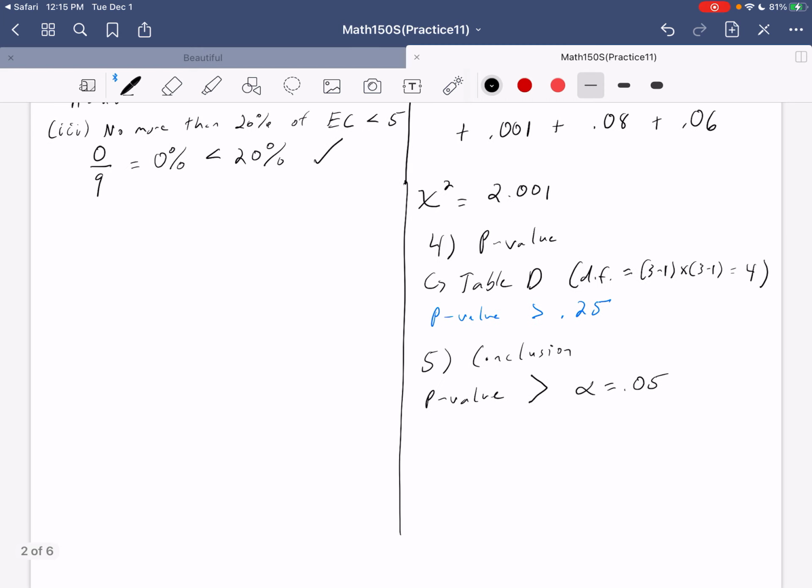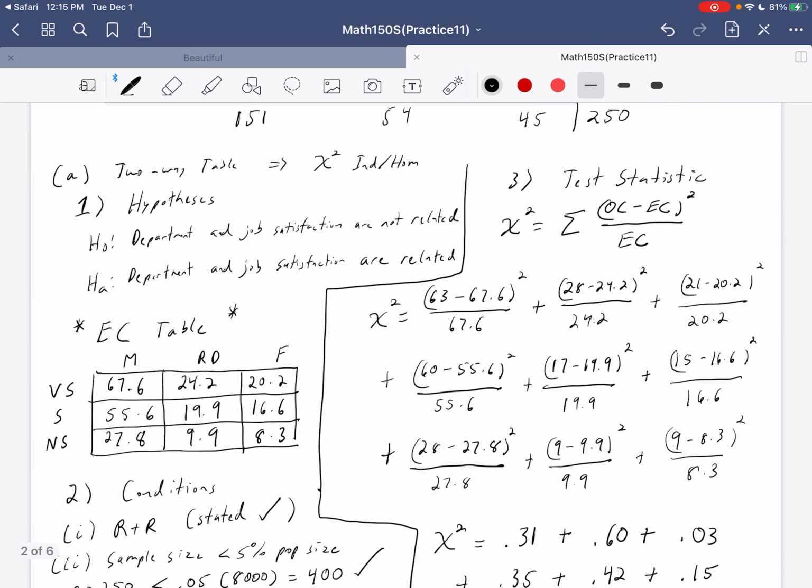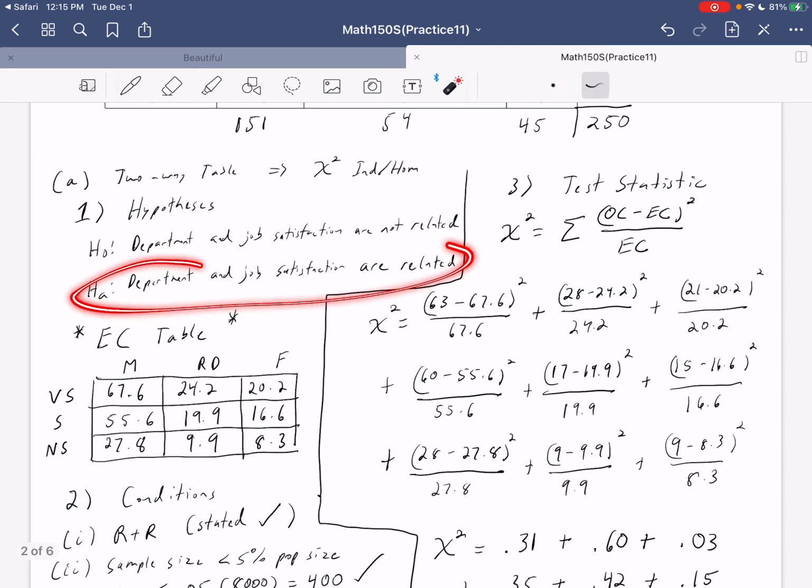Remember, for any hypothesis test, when the p-value comes in larger than alpha, that means we fail to reject H0, which means we failed to find evidence for our claim. So we had no significant evidence that, what was our claim? Well, you can go back to the actual problem, or you can go back to your alternate hypothesis.